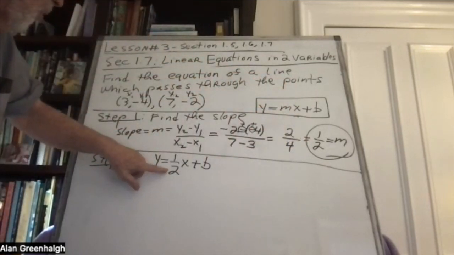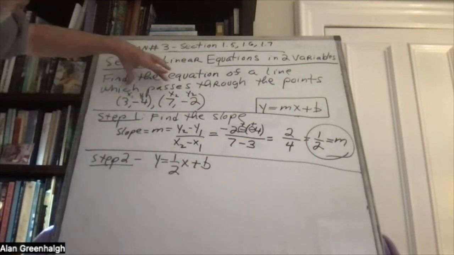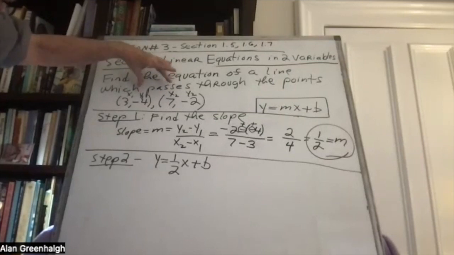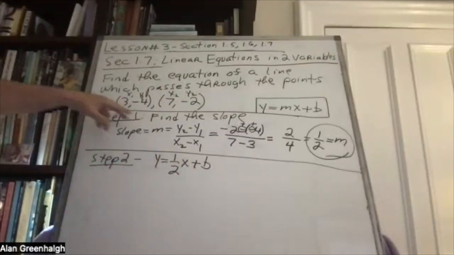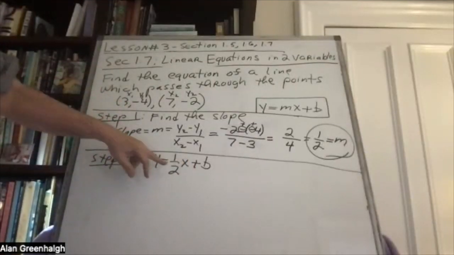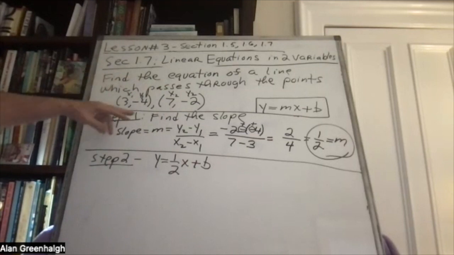But now we have to figure out the value of b. So we take one of these 2 points. It doesn't matter which one we take. We take one of these 2 points and we solve for b. It would be nice if these were even numbers, wouldn't it? But it's not, so that's the way it is.